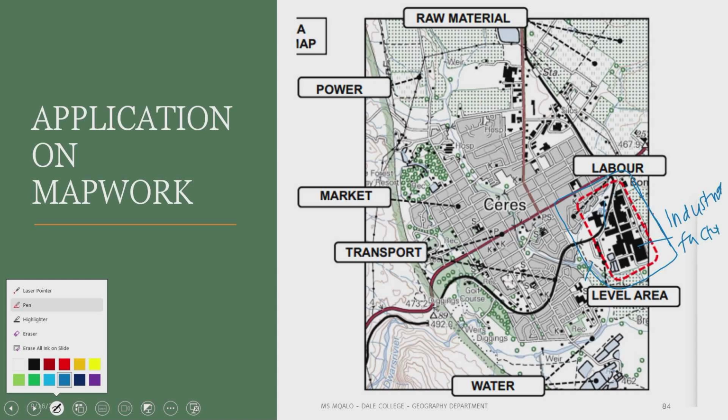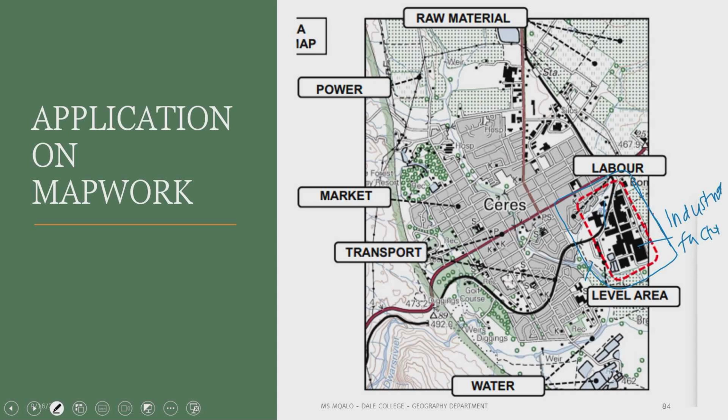In addition, what we can see is that there is a major railway line located close to this industry. There is a national route located close to this industry, meaning that there is proper infrastructure in order to transport the goods in and out.